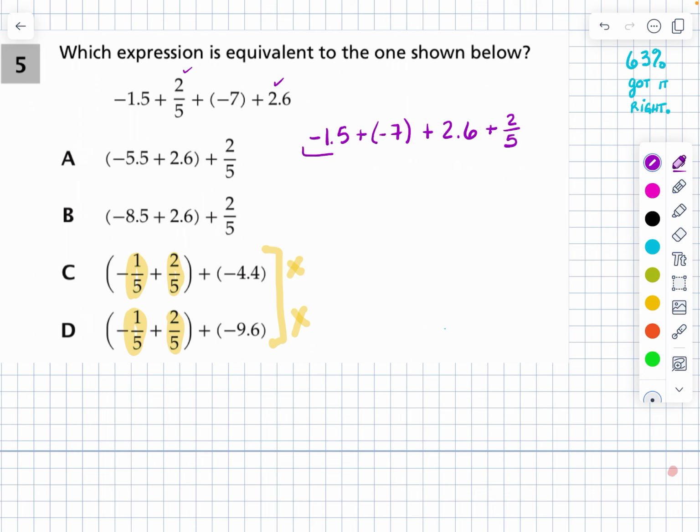So these are the pieces I'm worried about right now. Now, the way I see it, I know that they're both negative, so I can add them together. So I can add the 1.5 and the 7, and I can get, let's see, 12, 1.